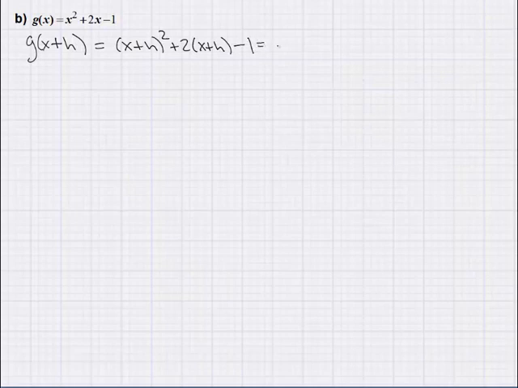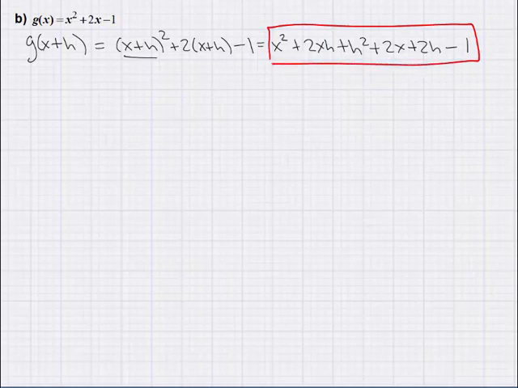In that case, it's going to be x squared plus 2xh plus h squared. Remember, if we square x plus h, you have to do it all out, plus 2x plus 2h minus 1. I can't simplify that any further, so that right there is my g of x plus h.